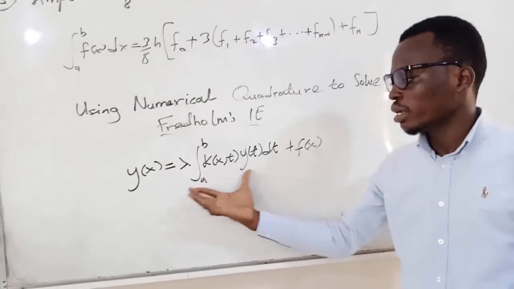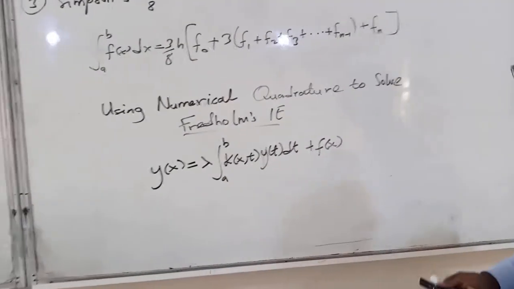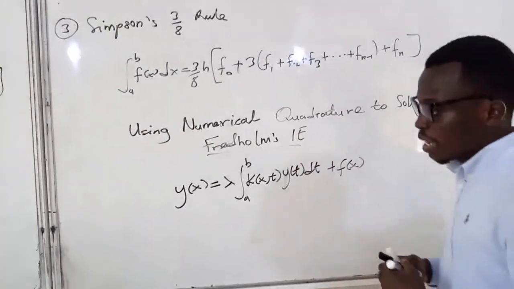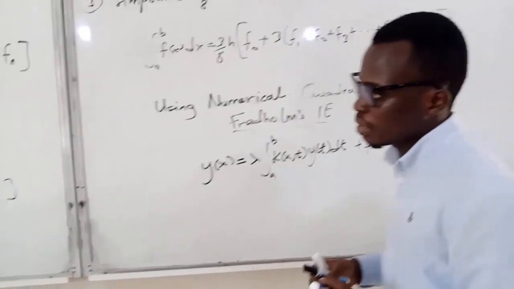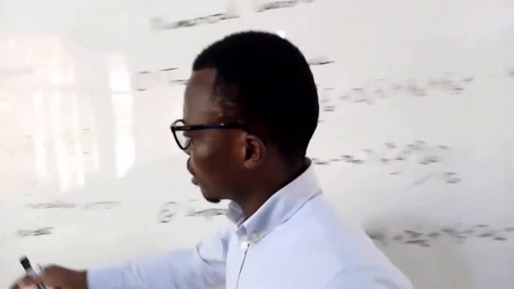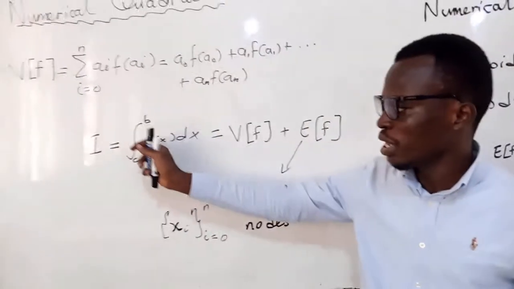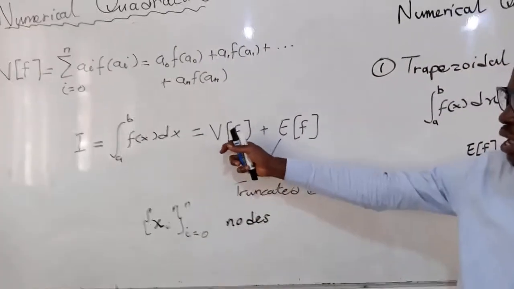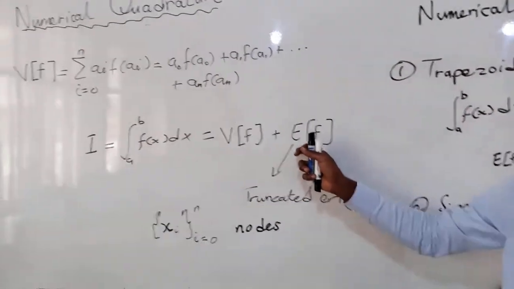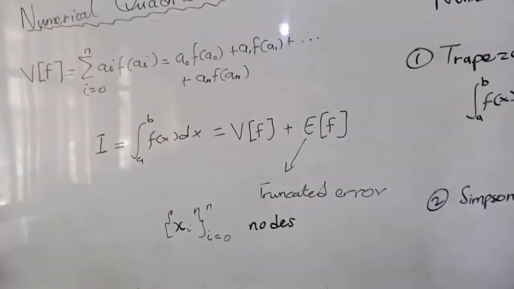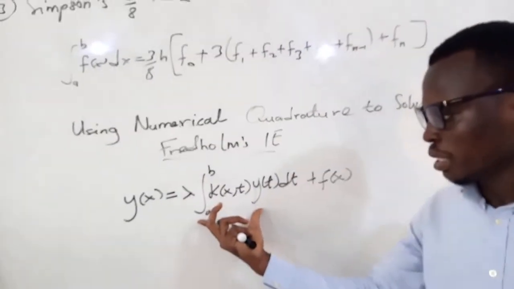Now, we stated earlier that I, the integral from a to b of f(s) ds, is equal to V(f) plus E(f), and we said this is the truncated error. The same thing appears here.